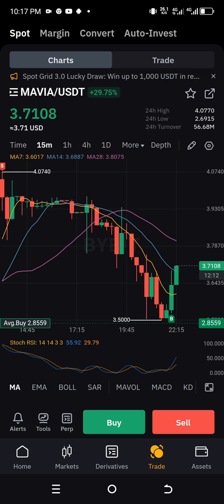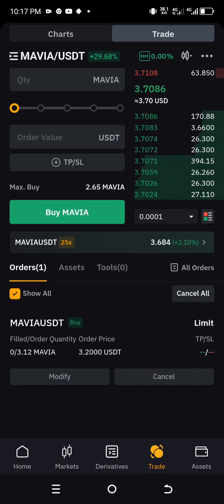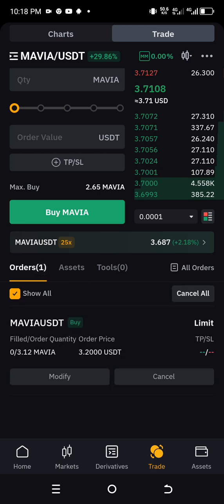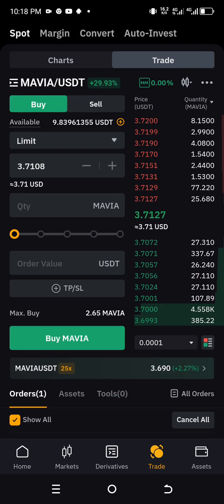Good, it's moving fine, currently in our favor. That's great. If you come to this chart, I've opened two currently. I opened the first one at 3.2, and the second one at 2.7.